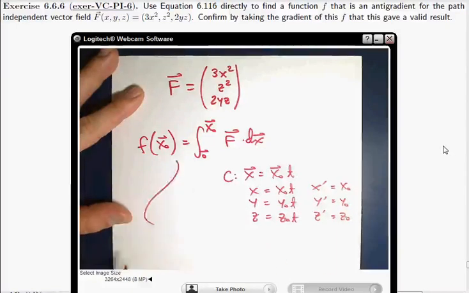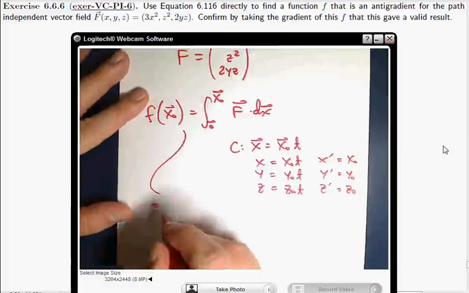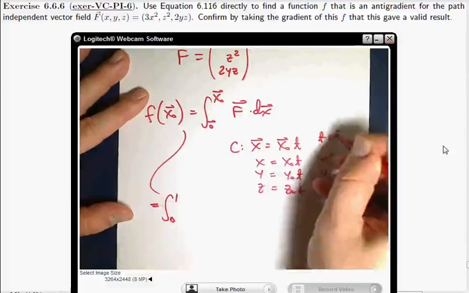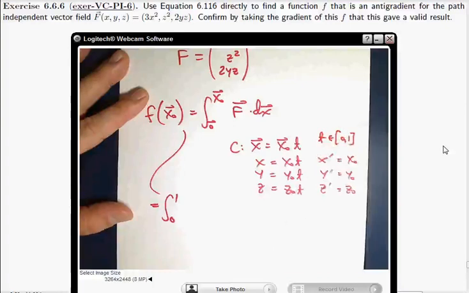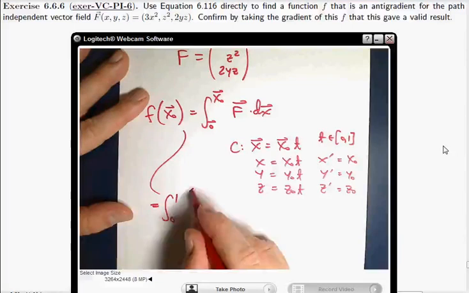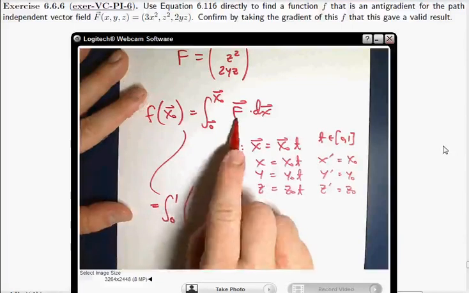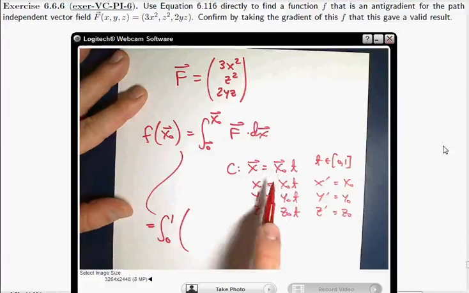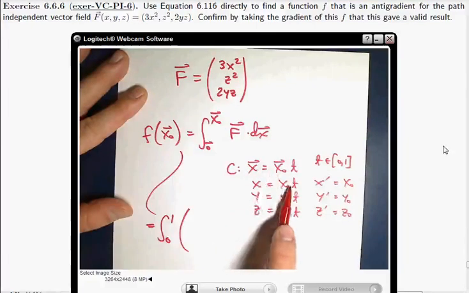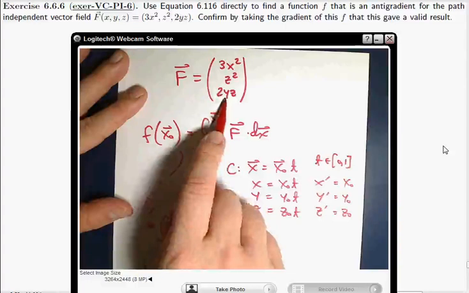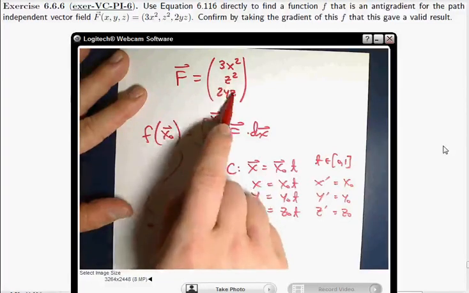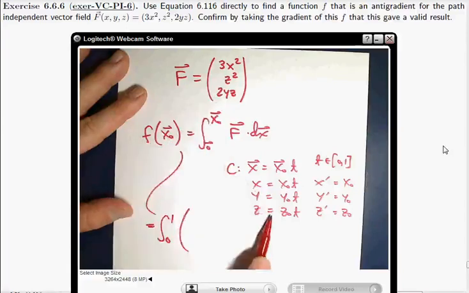And so then this turns into an integral from 0 to 1. Note t goes from 0 to 1 in that parameterization. So the integral from 0 to 1 of f, which is that, but keep in mind x is x naught t, y is y naught t, and both of these z's here are z naught t.